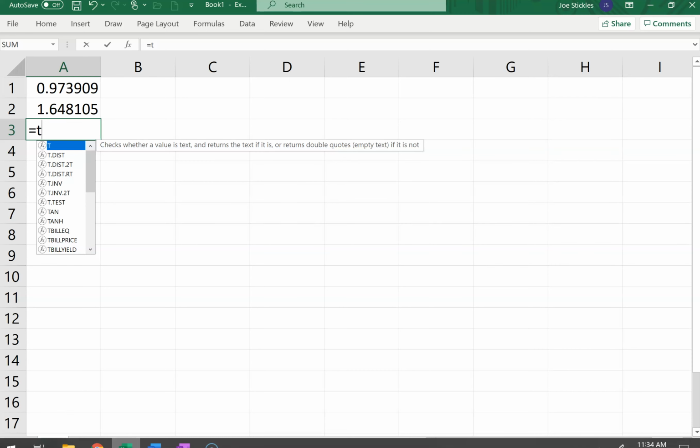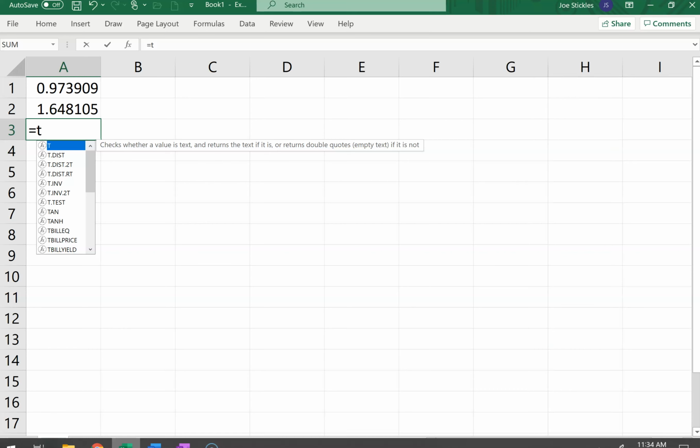All right, so if I just start to type t, there's lots of functions that Excel has with the letter t to start them. The ones at the bottom we're not interested in.